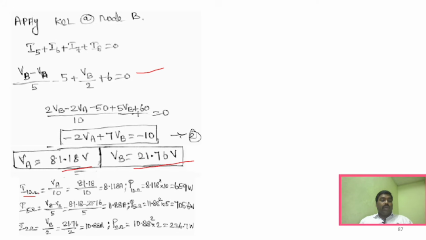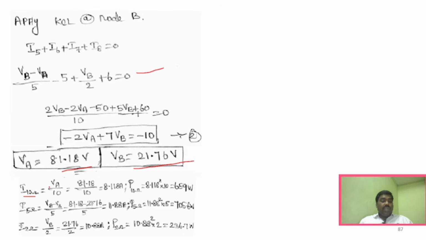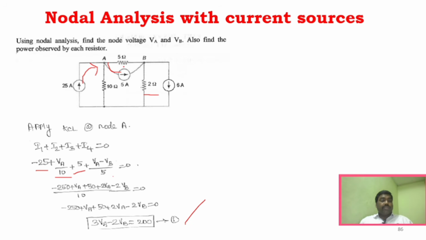To find out the currents, for this 2 ohm resistor, you will use VB divided by 2. For this branch with 10 ohm, you will use VA divided by 10.